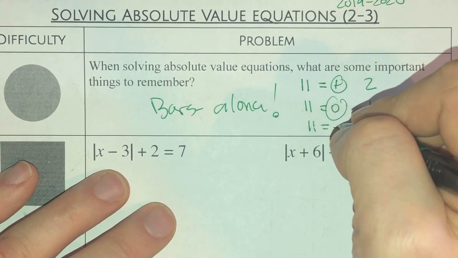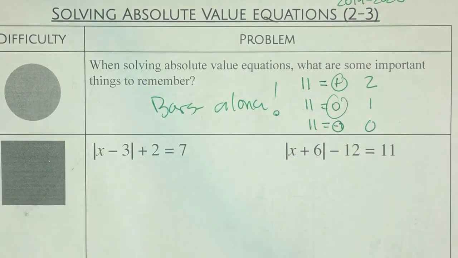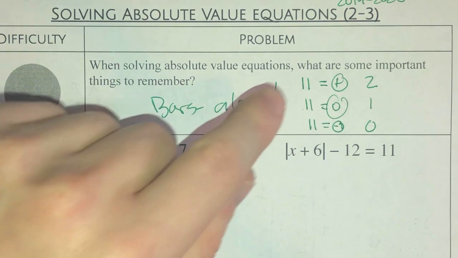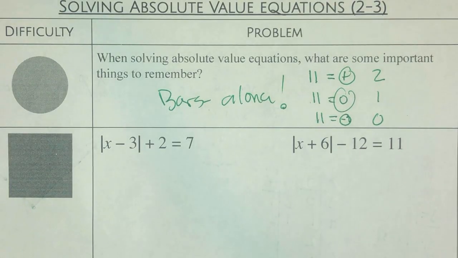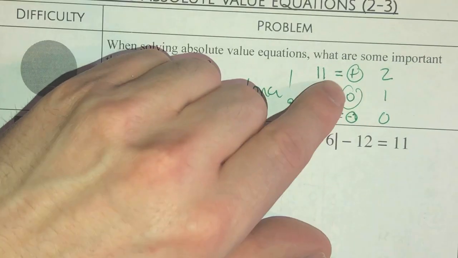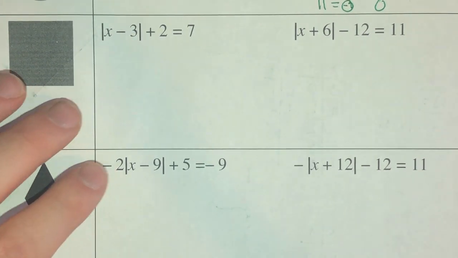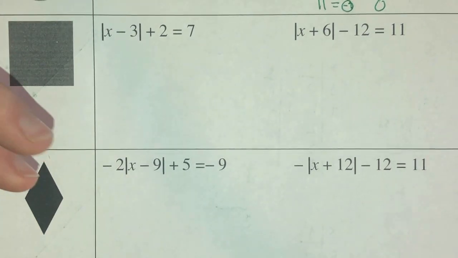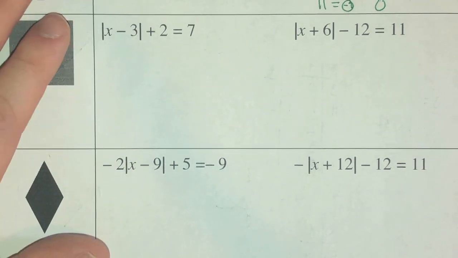Bars equal a negative, no solutions, okay? Because the only numbers that come out of absolute value, remember, absolute value is distance. Distance has to be positive or 0. Distance can never be negative, okay? And again, I'm trying to tell you this because in the future, we're going to see other situations, hint, hint, parabolas or quadratic equations with the same exact idea.